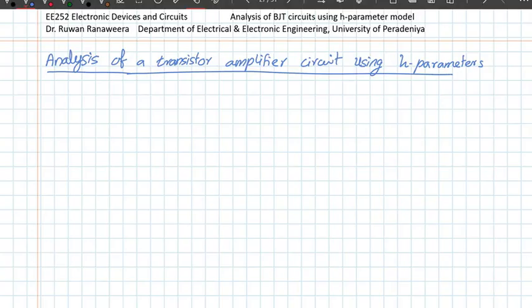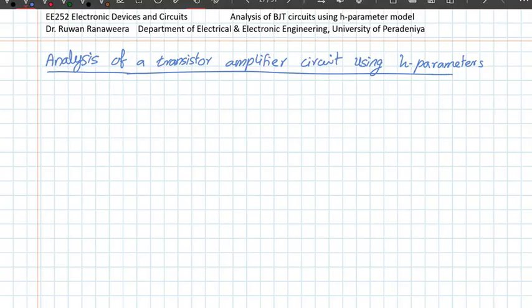We are only looking at the steady state, where the BJT is properly biased and the input is a sinusoidal signal at steady state. So we are not going to look at the transients, only the steady state values.